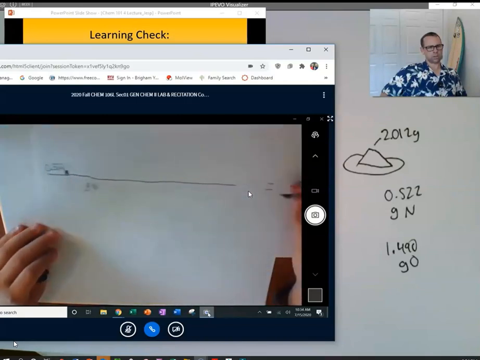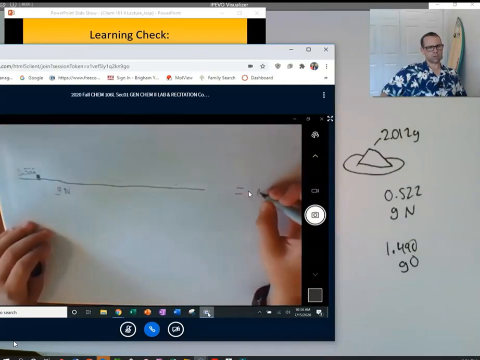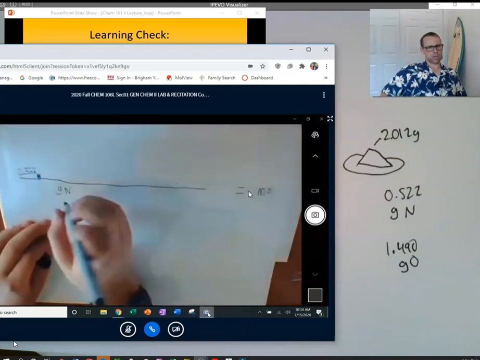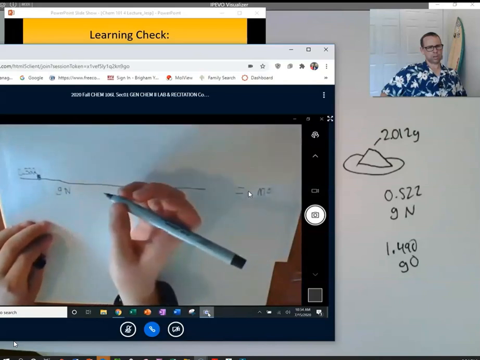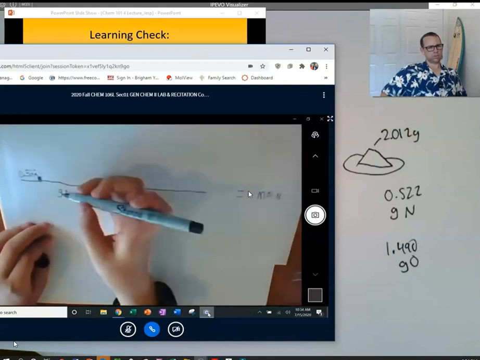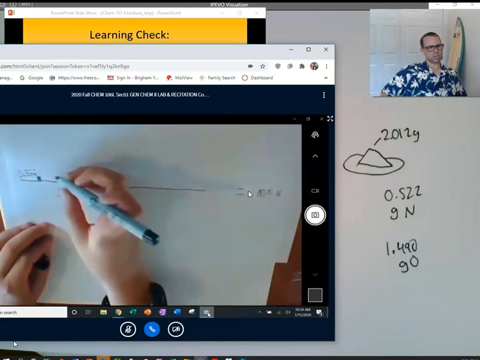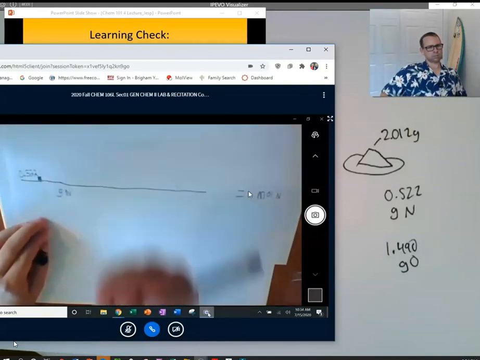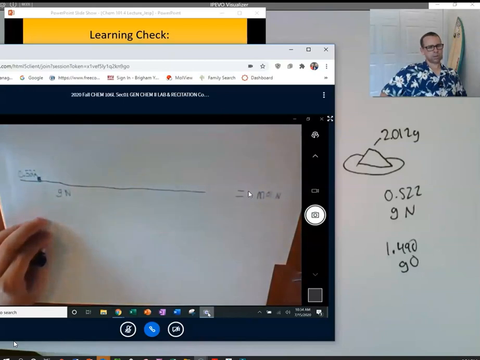To what? What are we trying to get to on the right? Moles of what? Nitrogen. Very good. Moles of nitrogen. So we got grams of nitrogen on the bottom, and we're going to try to go to moles of nitrogen.